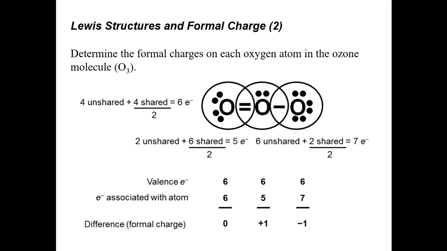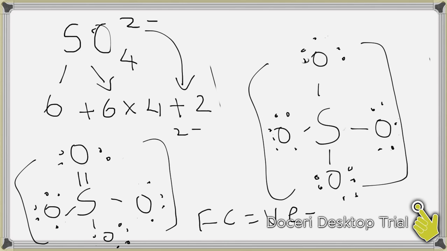Okay, for this one, formal charge is valence electrons minus half bonding electrons minus non-bonding electrons.